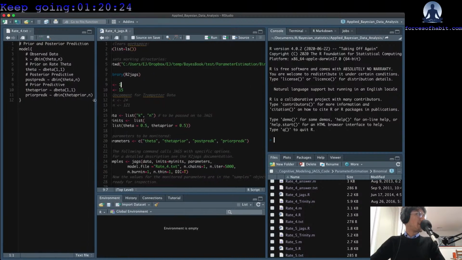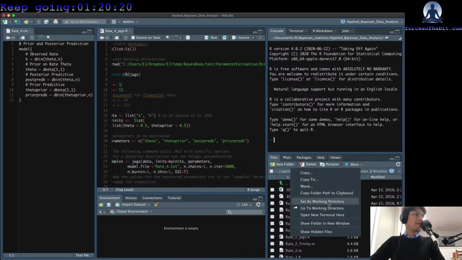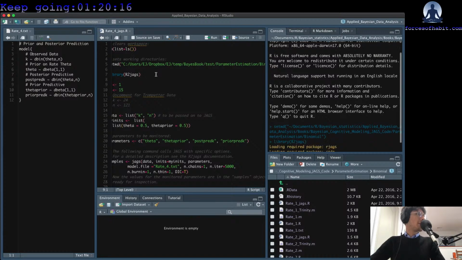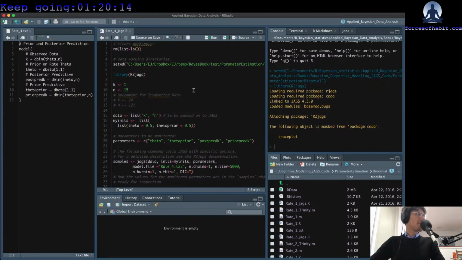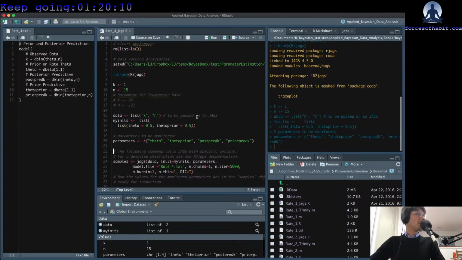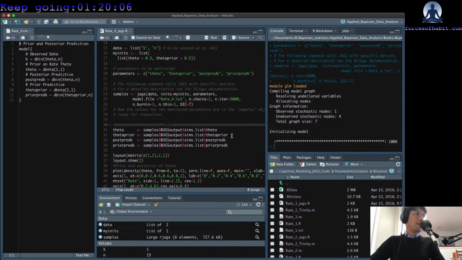So I have the model here. Let me set the working directory. Maybe this will work this time. Let's see if this just runs. Oh, nice. Yeah. Sweet. So we won't have working directory problems this time. We'll just be able to run through it.